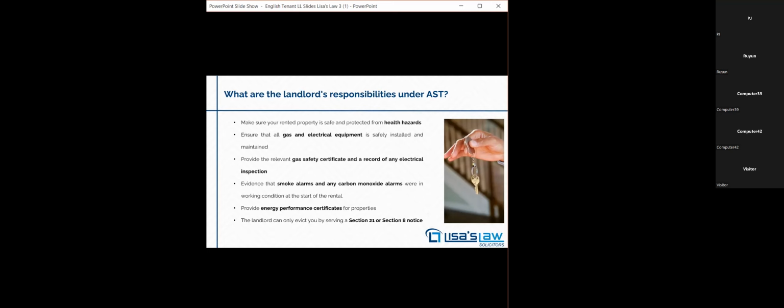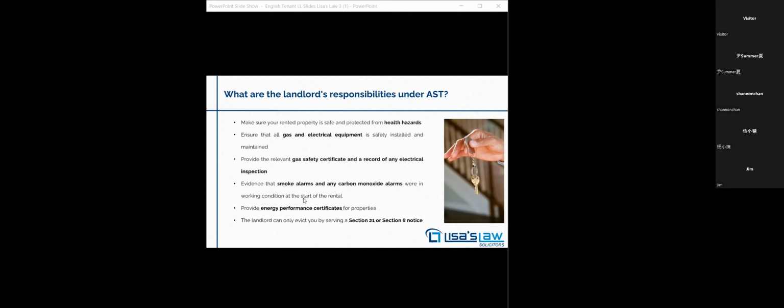Energy performance certificate: at the moment, all property has to be at least E for all new tenancy agreements, in order for the landlord to rent the property out. Energy performance generally means if the property is very cold, it usually doesn't meet the requirement. So you can ask your landlord for a copy of the EPC, as we call it in short.